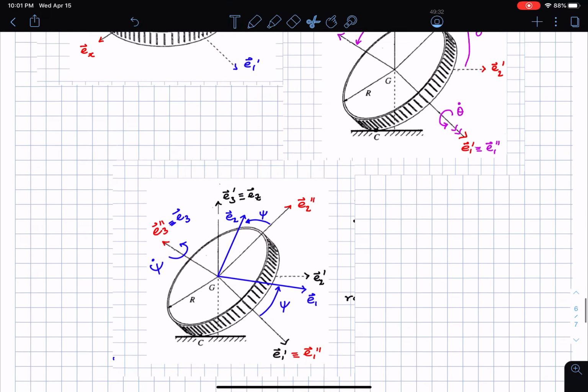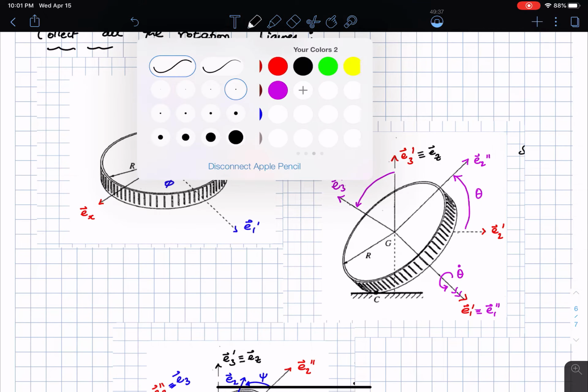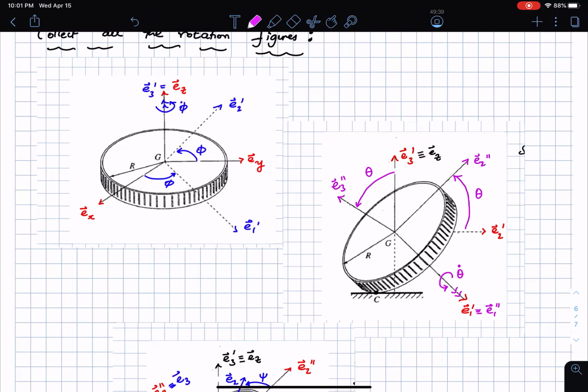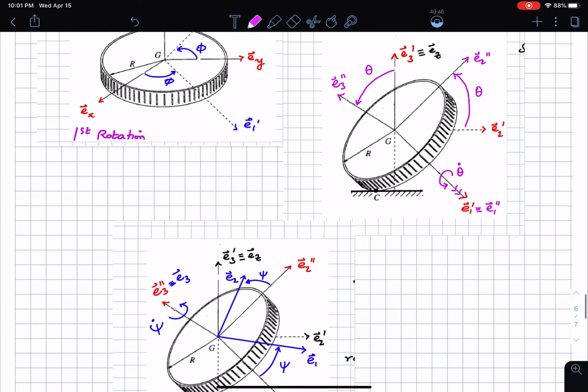Okay, all right, so this is the 3-1-3 sequence. So just as a situation of labeling, this is the first rotation. Then this is the second rotation.